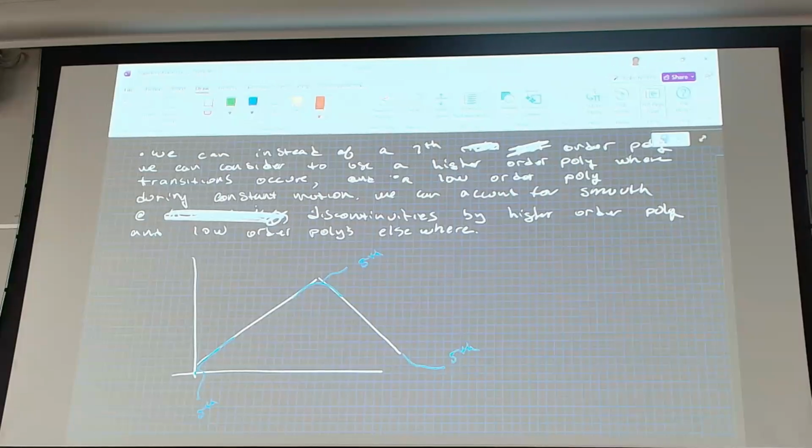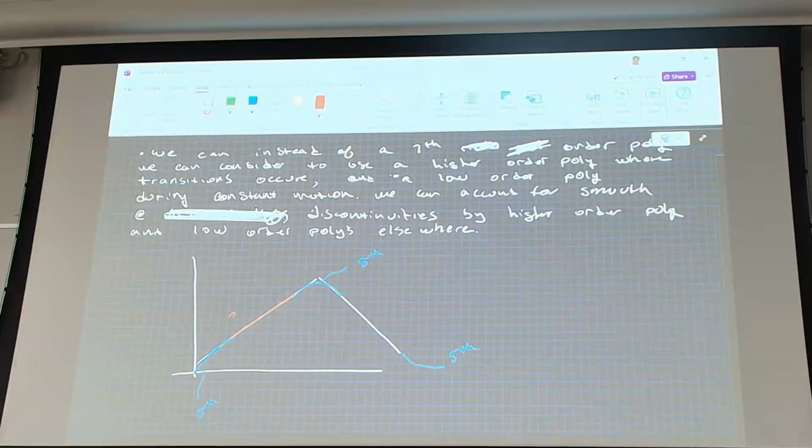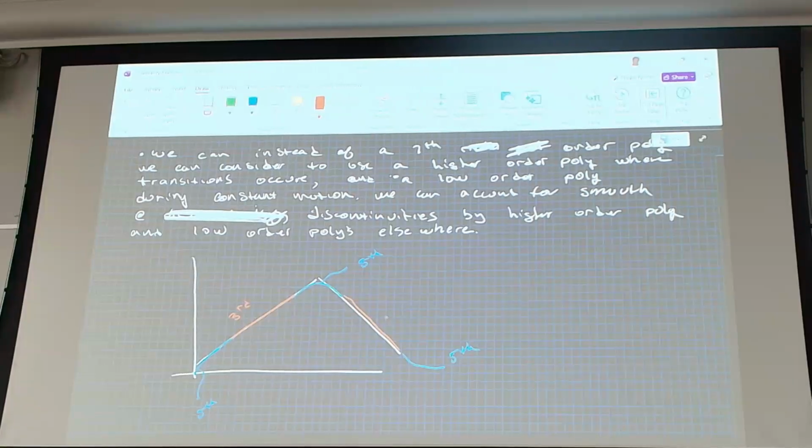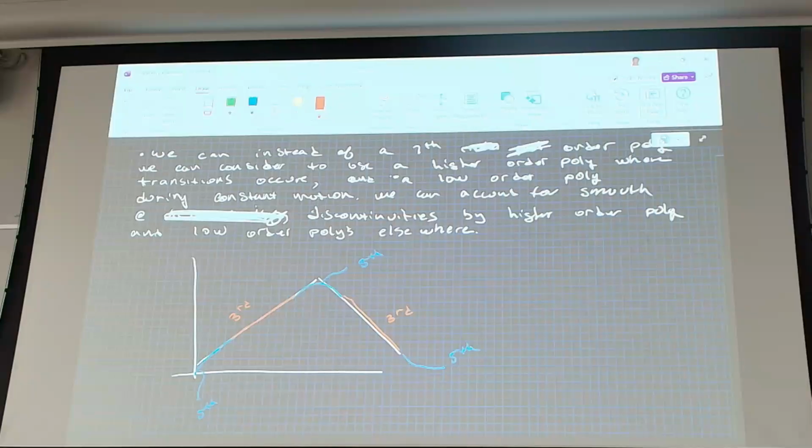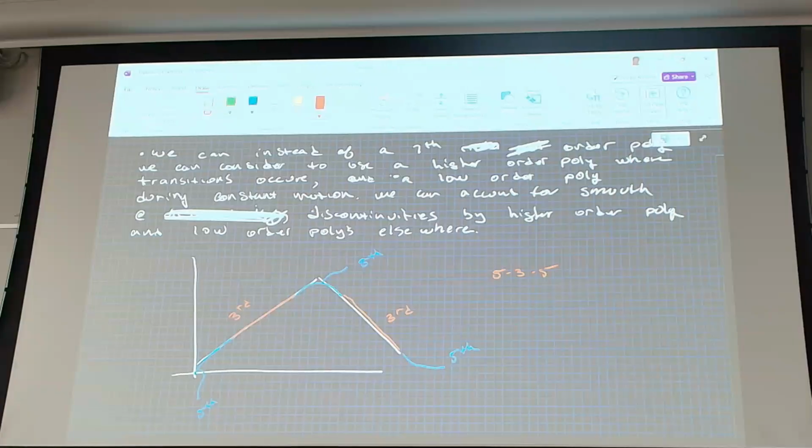I would do a third order for here and here. So this would be a 5-3-5 kind of behavior. So this would be a waypoint and a waypoint.